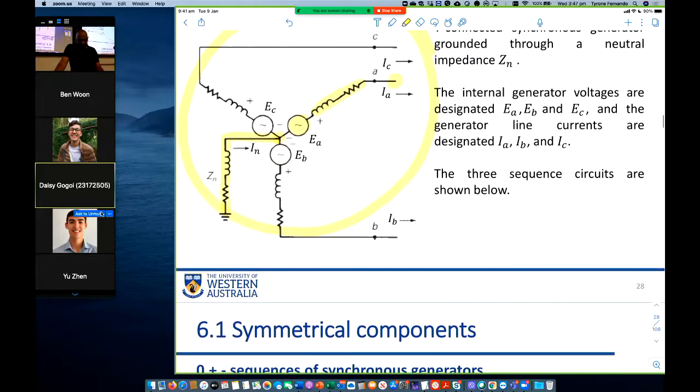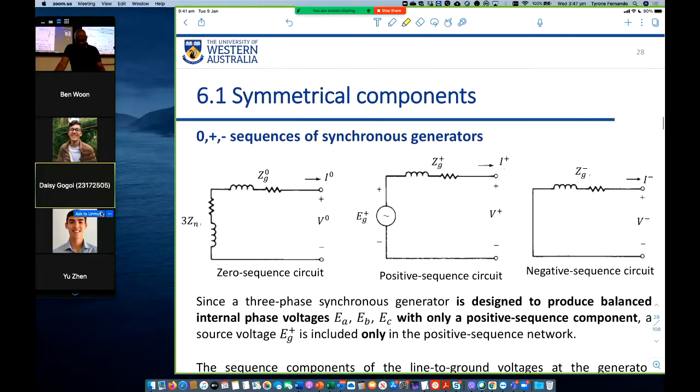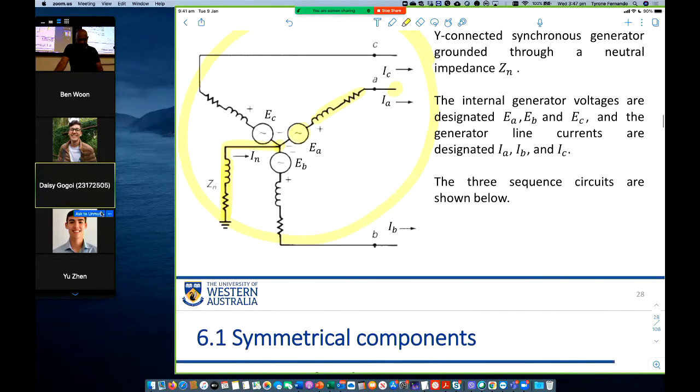So for the zero sequence network, remember Zn, the zero sequence network needs to have 3 times Zn, right? Because there is a path from ground to the neutral. If there is a path from ground to the neutral, zero sequence current can flow.